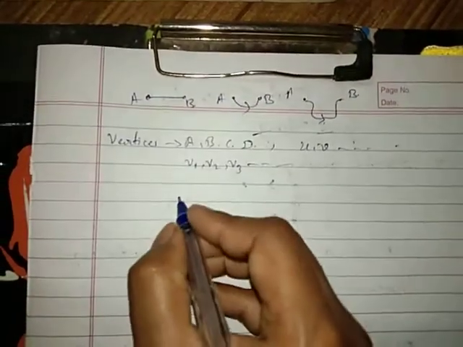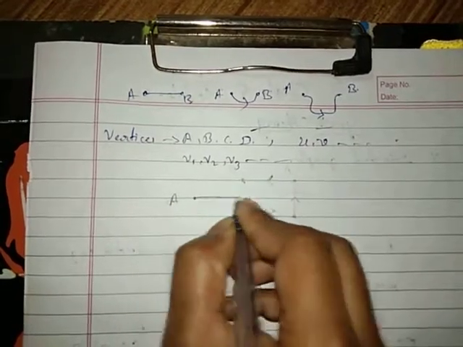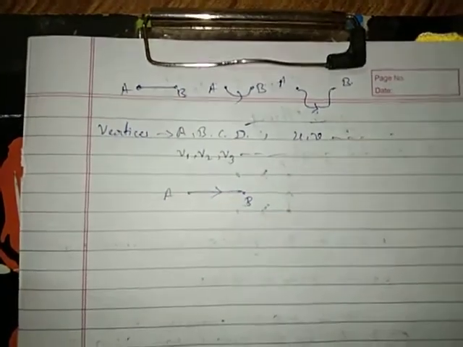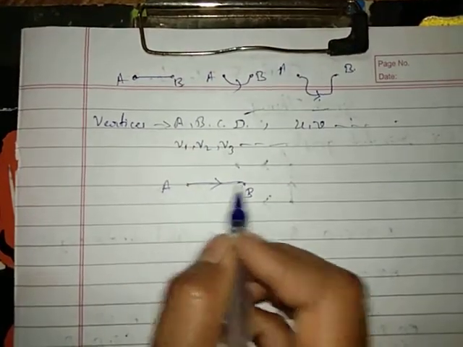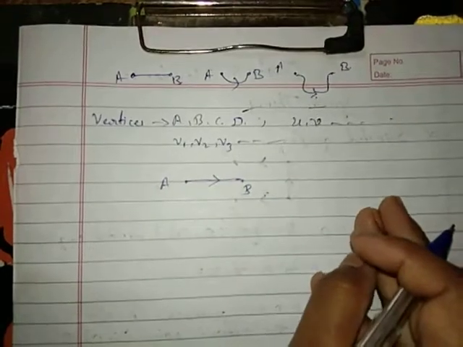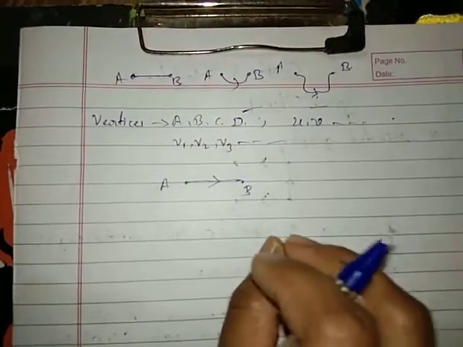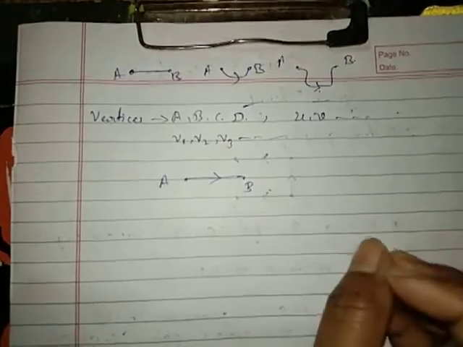And here, consider an edge AB. For any edge, it begins with one vertex and ends with another vertex.